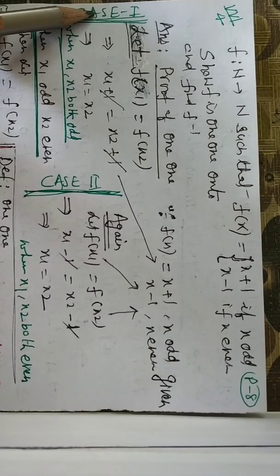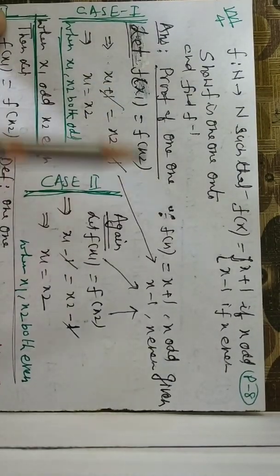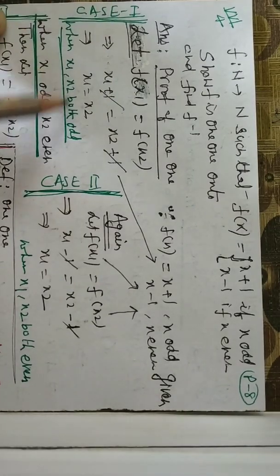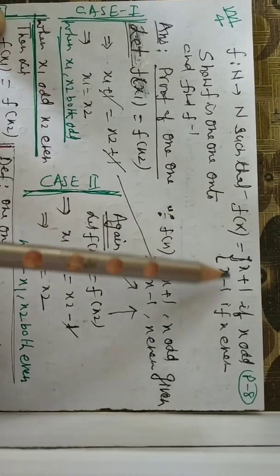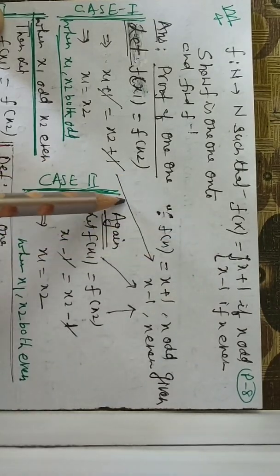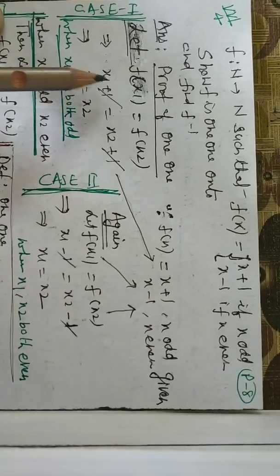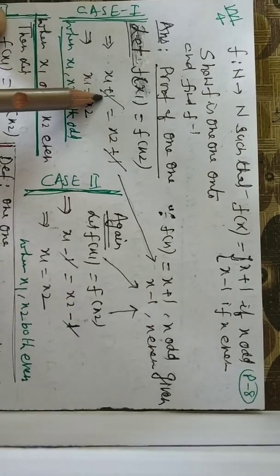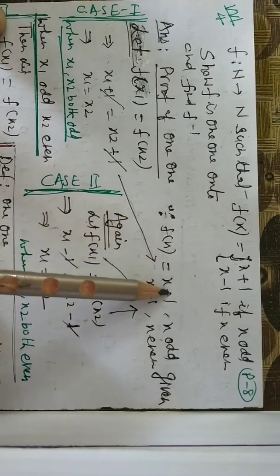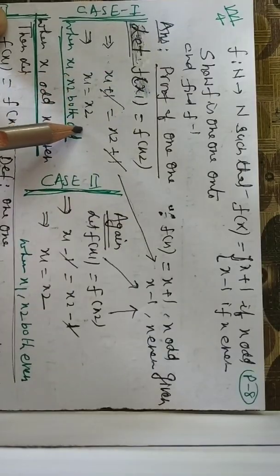So in case 1, if f(x1) is equal to f(x2), if x1 is odd and x2 is odd, we follow the definition of odd. f(x1) is equal to x1 + 1, f(x2) is equal to x2 + 1, 1 cancelled. So x1 is equal to x2 when x1 and x2 are both odd.